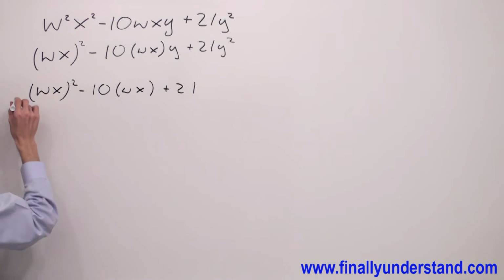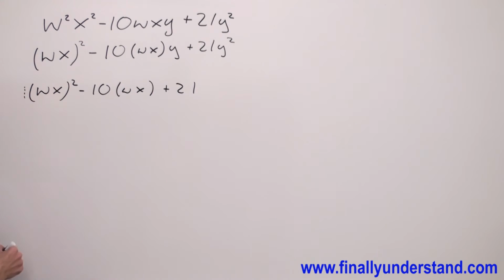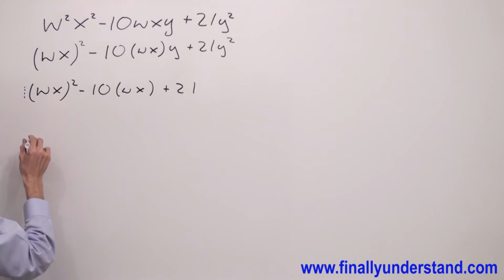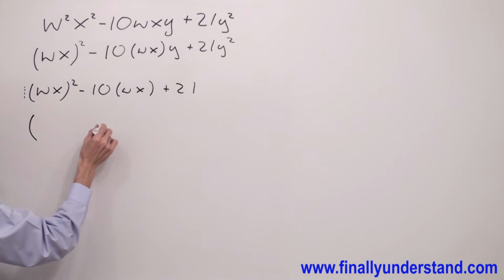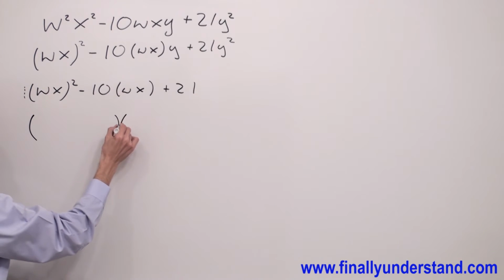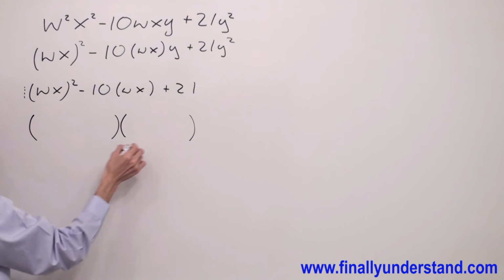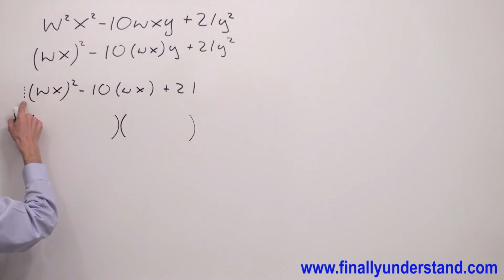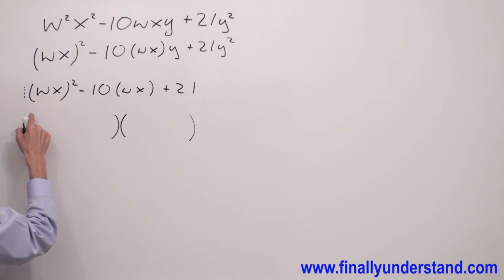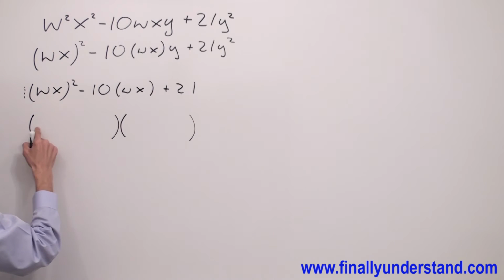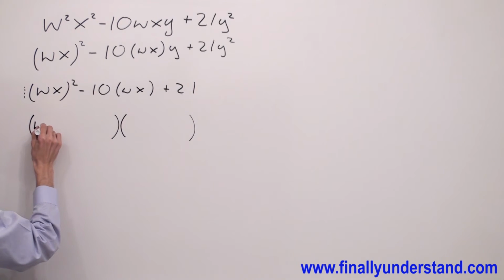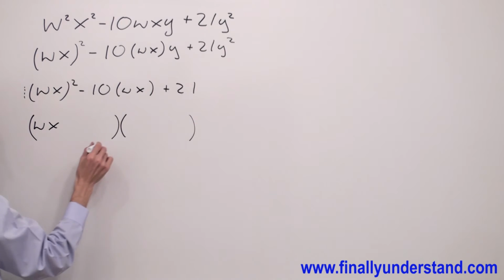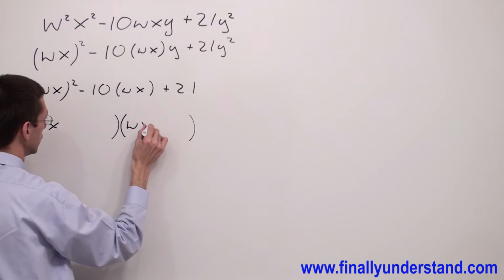My leading coefficient is invisible 1. Okay? That's why I'm going to write the parentheses, and because my leading coefficient is equal 1, the leading coefficient for each binomial is going to be also 1. That's why I'm going to have wx over here and wx.